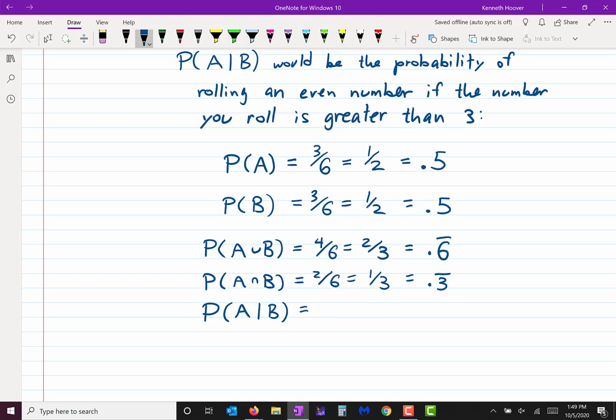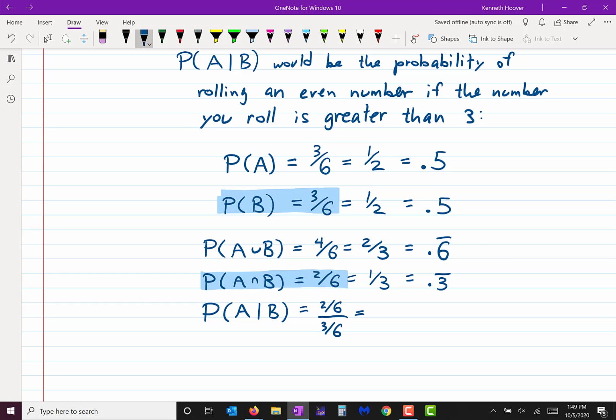Okay, we just write the probability of A and B, that's right here, the probability of A intersect B divided by the probability of B. What happens?